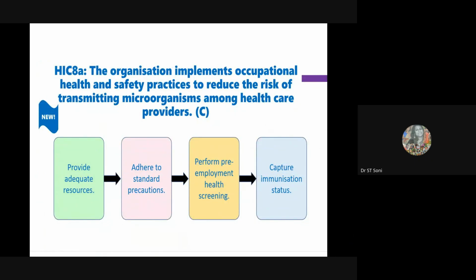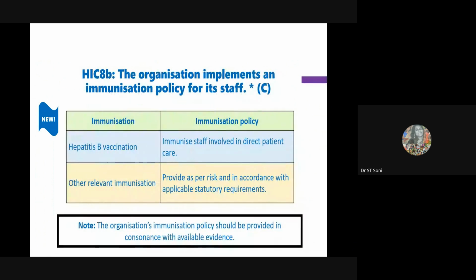Okay, so healthcare IPC practices also include occupational health and safety. So it includes the adequate provision of resources, standard precautions, employee screening, health screening, and their immunization. By and large, we give the hepatitis B immunization.